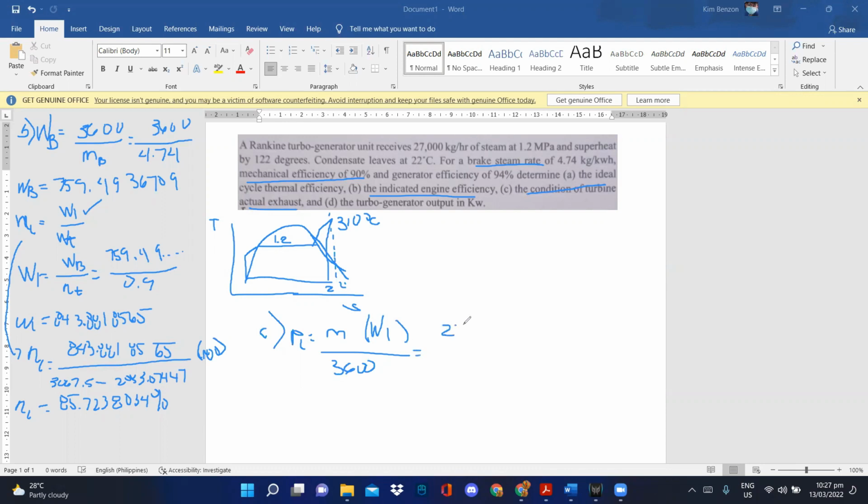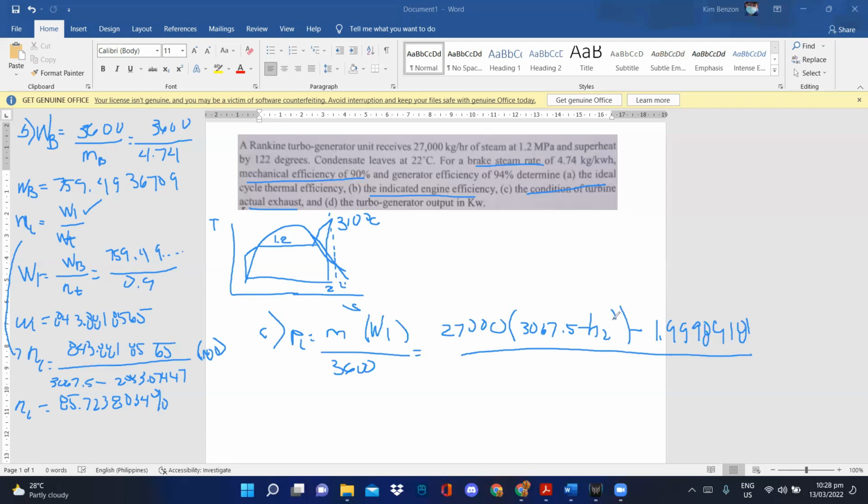So we have 227,000 multiplied by 3067.5 minus H2 prime, minus 1.99981. Please take note, meron tayong prime para mahanap yung actual natin.